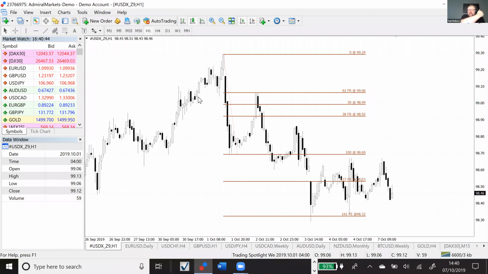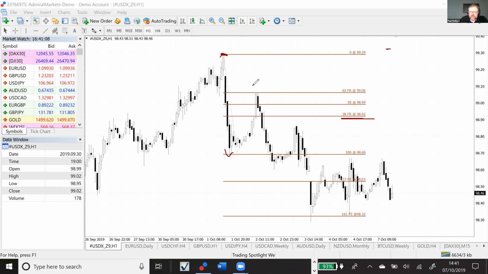I wanted to show just a different way, in the sense that we were able to get my drawing tool from this recent high in the dollar index, and we were then able to identify a swing low. Once we'd drawn on our Fibonacci tools, what we could see is that price retraced, and our short order would have been here at 98.92 with our stop above the 99.29.